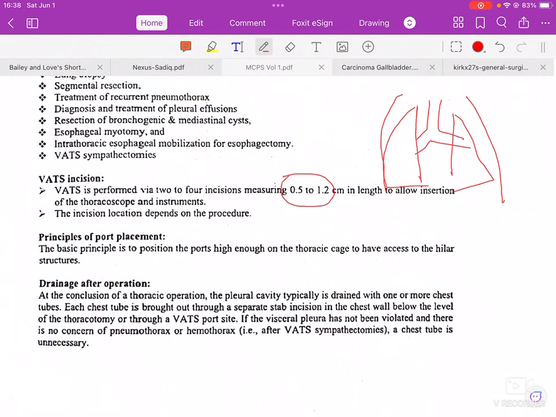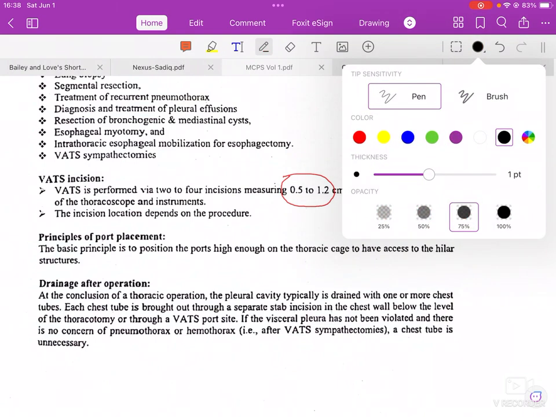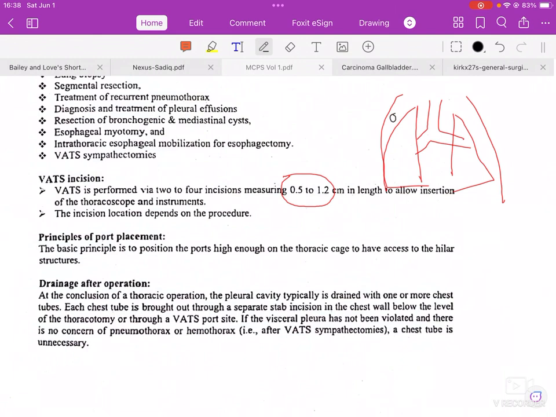If we color the port in black, it should be placed something like this or this, so that it is high enough to access the hilar structure, so they can insert their thoracoscopic instruments, grasper or Kelly or anything, to the hilar.